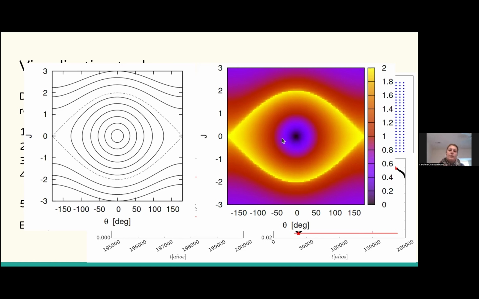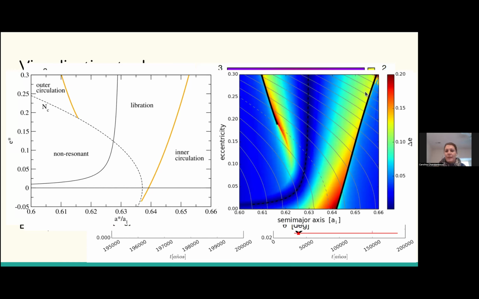And when we divide this plane in a grid of initial conditions and we integrate, we plot the variation of the eccentricity, and we see that we obtain the same features. So here we see that there is something happening here, which is the separatrix, and we see that with very small variation of the eccentricity, we get the pericentric branch. So we can estimate the main features of this resonant system.